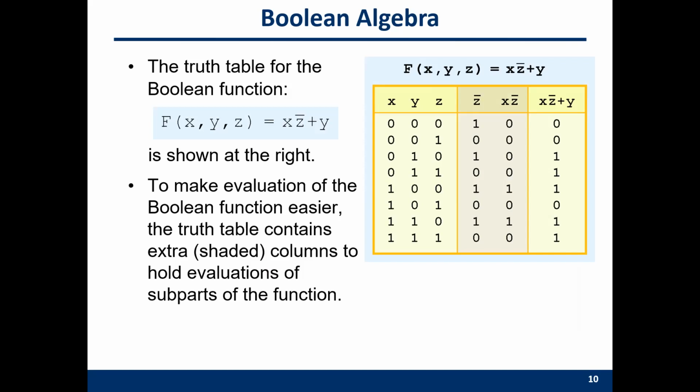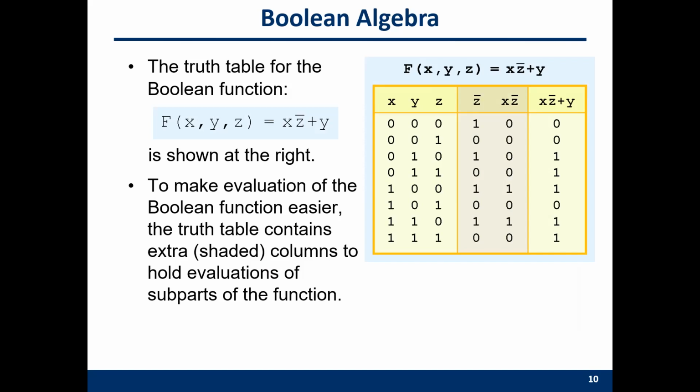We first write the value of z bar. It's easy: you just apply the NOT gate on this input. Then you can compute x and z bar by using the value of this column and this column and doing an AND operation.